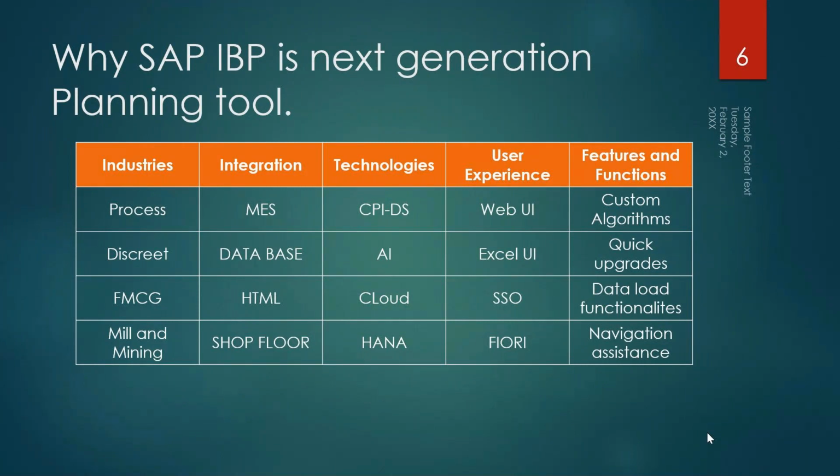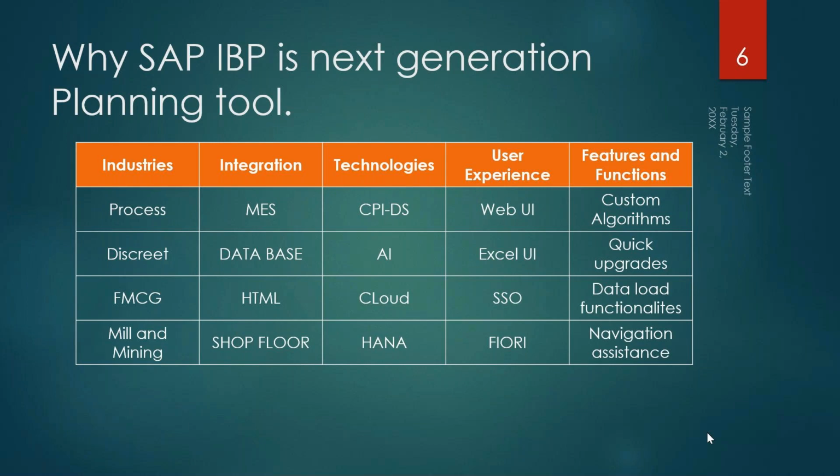Speaking about the integration capabilities, as I was mentioning, SAP IBP is a cloud-based planning tool. It has very huge integration capabilities. So what are the different technologies it has? We have something called CPI-DS, which stands for Cloud Platform Integration Data Services. It's a complete platform which has different offerings made available for SAP IBP, which is cloud based.